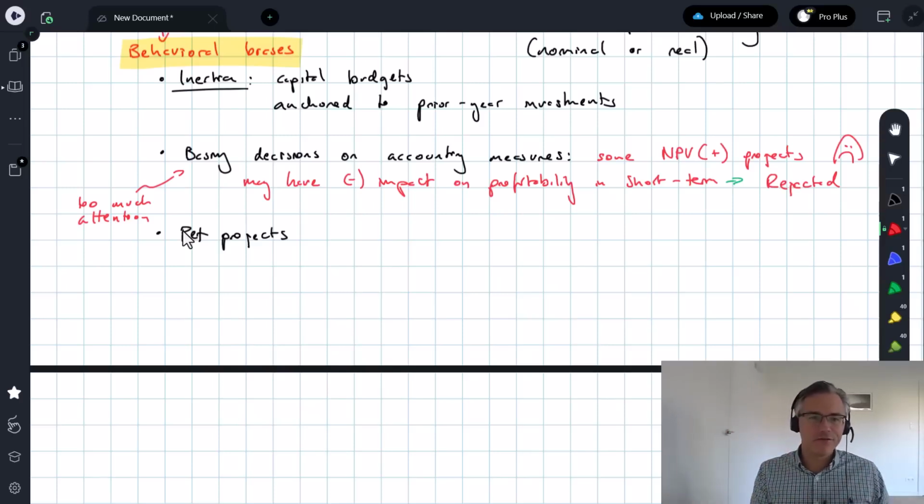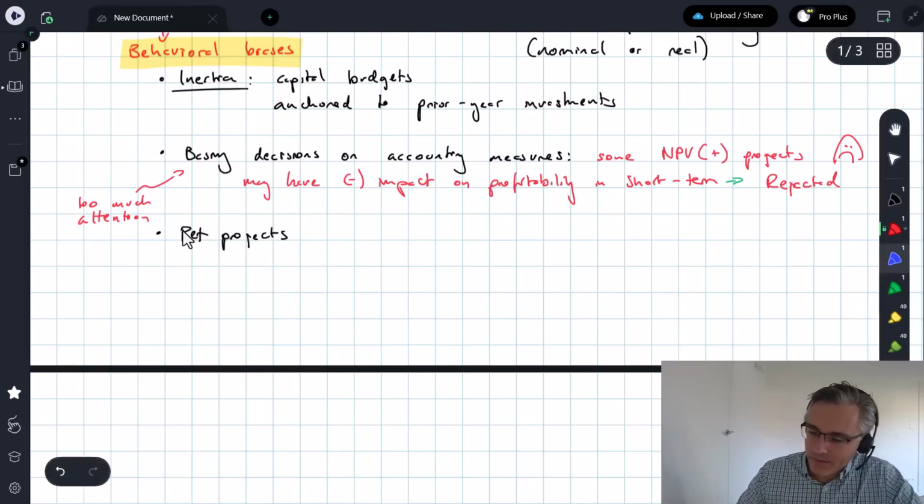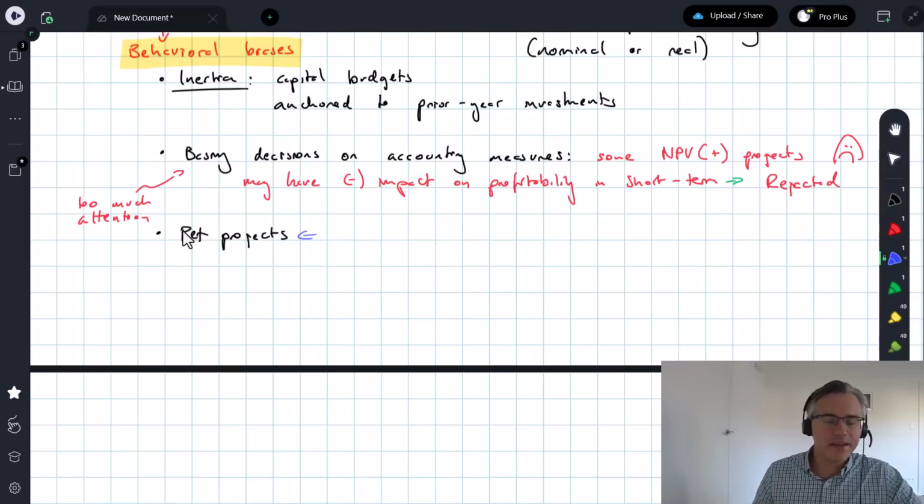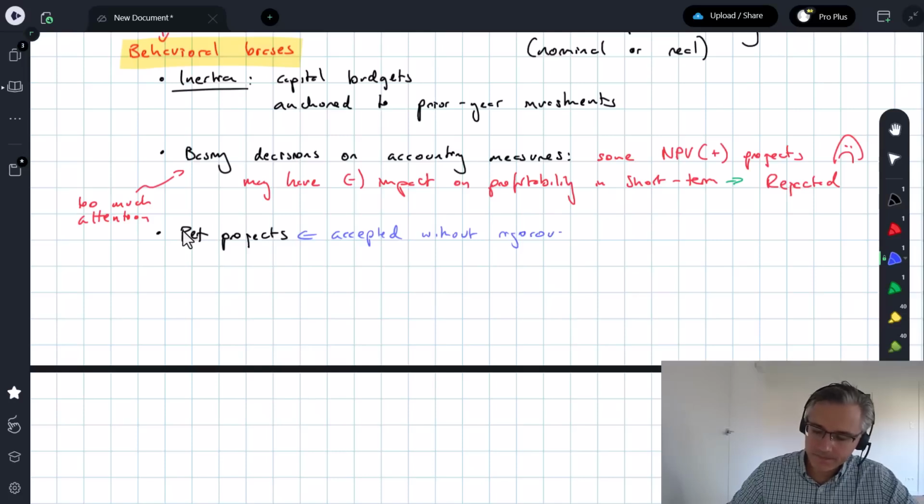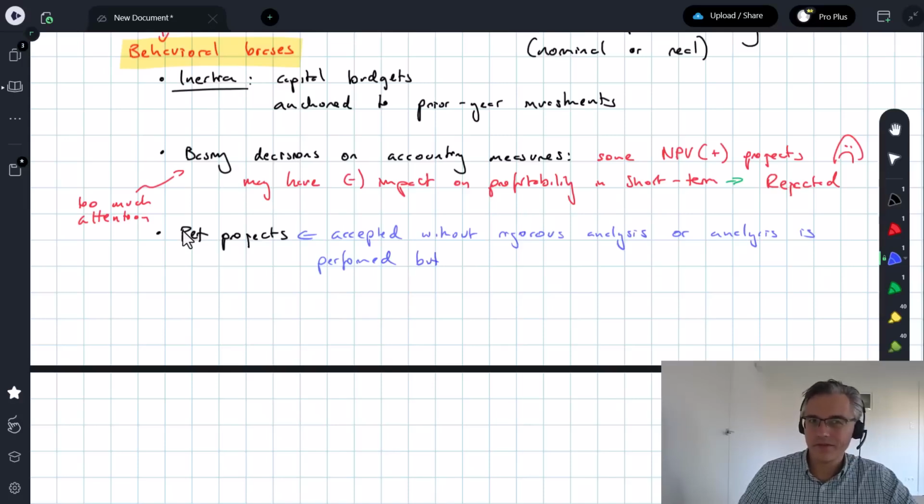They're fixed on this idea of doing this investment or that investment, and such pet projects, because they've got backing, or are sponsored by somebody high up in the organization who we have to listen to, are often accepted either without rigorous analysis, so without the proper analysis that we would subject other projects to, or that analysis is performed but the inputs are overly optimistic, just to make sure the project goes through.